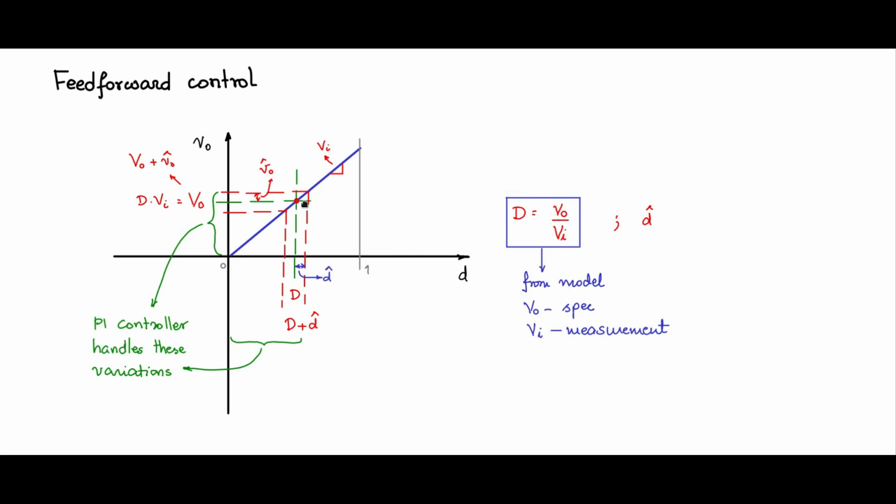Then due to any disturbance, if there is any variation in the neighborhood of the operating point, the PI controller should only handle these small deviations. So D hat and V0 hat are only the deviations about the neighborhood of the operating point that the PI controller has to handle. These are small deviations, and therefore the PI controller is much faster to handle them.